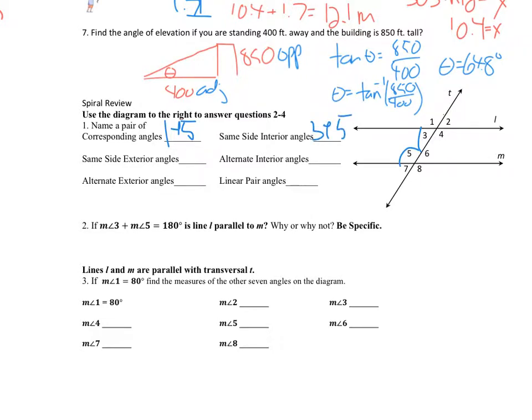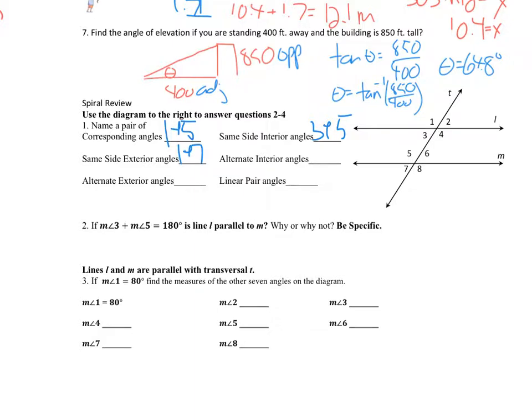They're on the same side and they're in between, so that's the interior. Then same side exterior, again, is going to be on the same side, but now we're going to be on the outside, so 1 and 7. It can be 1 and 3.